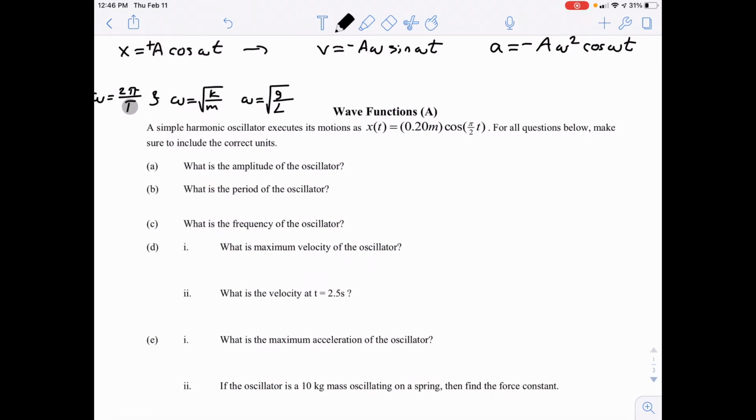Now, one thing to note, if we are trying to calculate the position at any time, or the velocity at any time, or the acceleration at any time, it's very important to remember to have your calculator set to radians mode, okay? It has to be in radians mode.